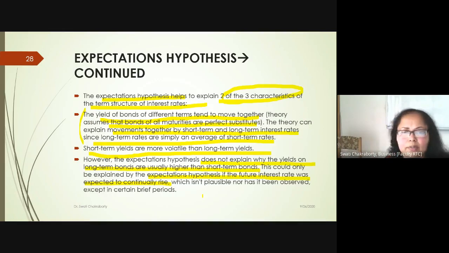So it's much more stable. Here, the yields fluctuate more on the short term, whereas long term is much more stable. Stability comes into play.